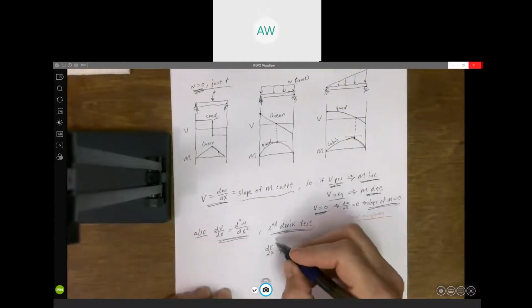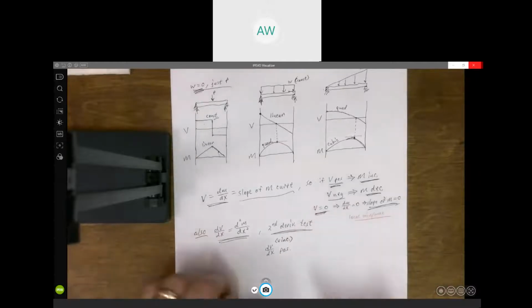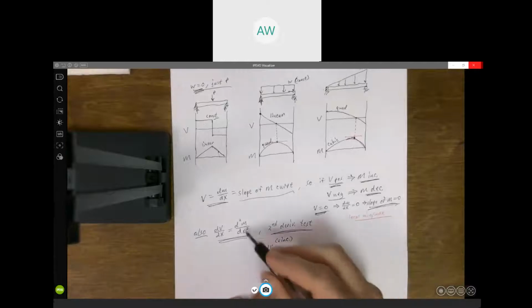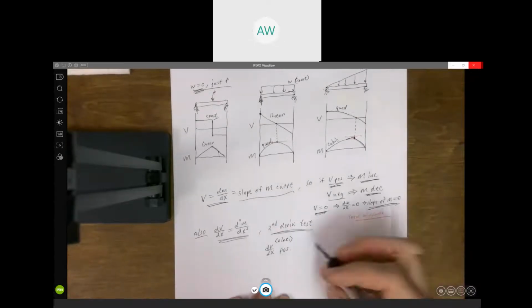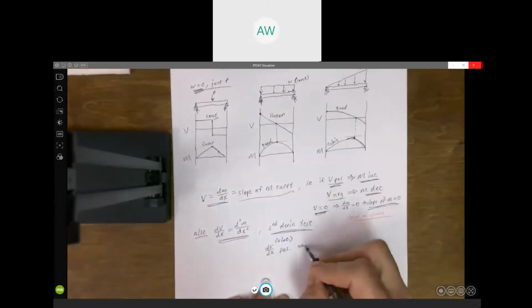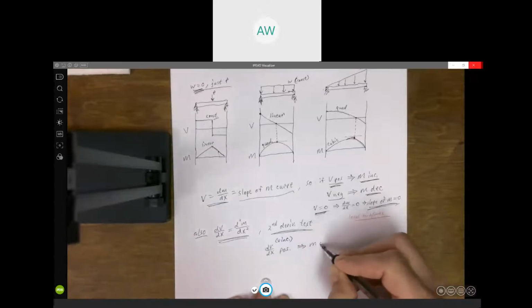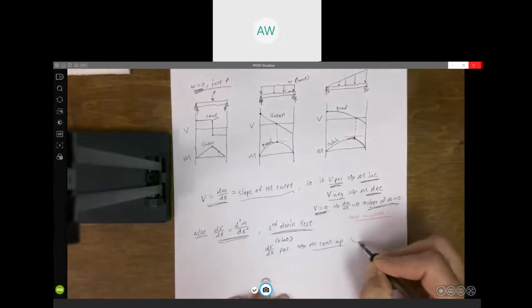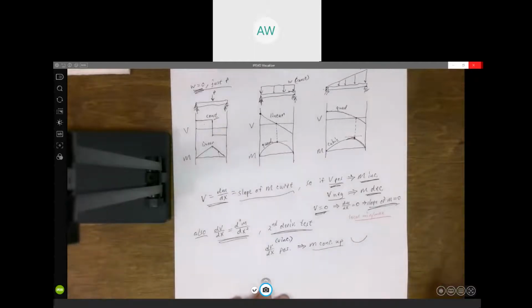Remember, if dV/dx is positive, that means V is increasing. So if V is increasing, the second derivative of our moment is positive. That tells you our moment is concave up, shaped like that. So if the velocity, not velocity, I've been doing too much dynamics.